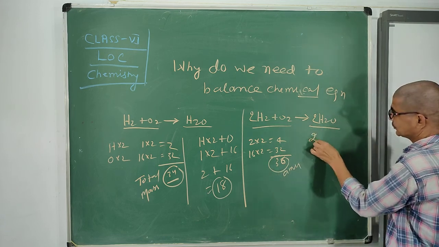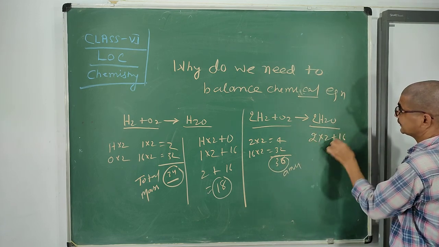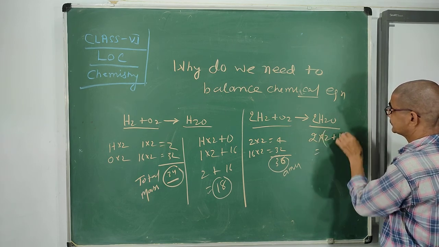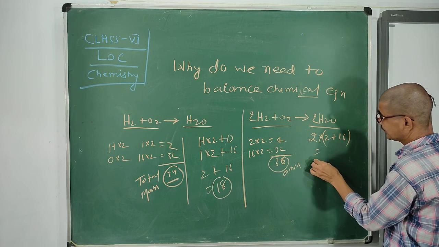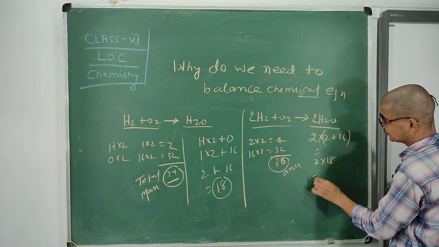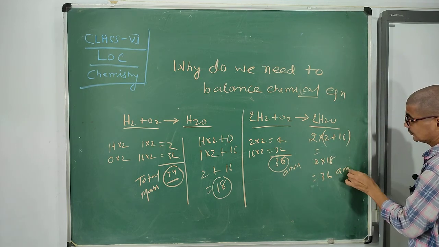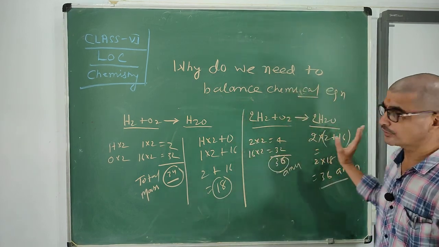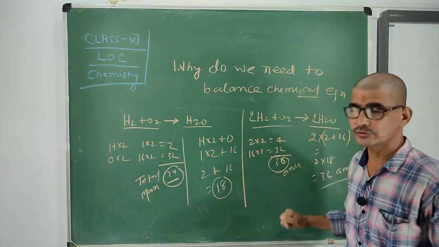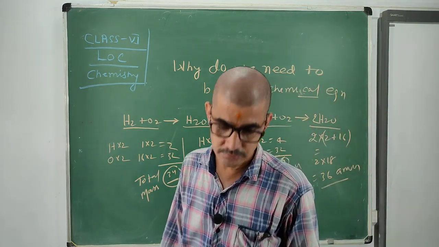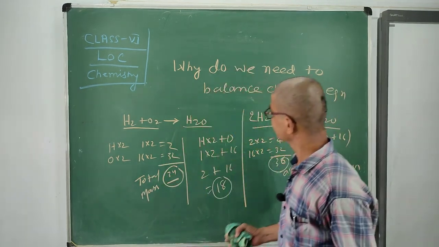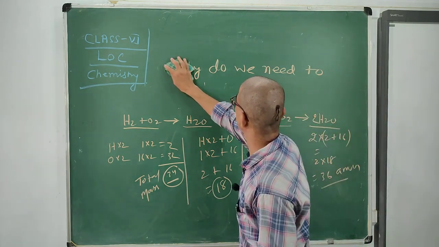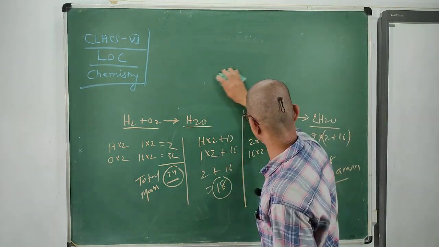On the other side, 2 times 2 plus 16, that means 2 times 18 equals 36 AMU. So the mass of the reactant is equal to the mass of the product in a balanced chemical equation. That's why we need to balance the equation, to fulfill the law of conservation of mass.